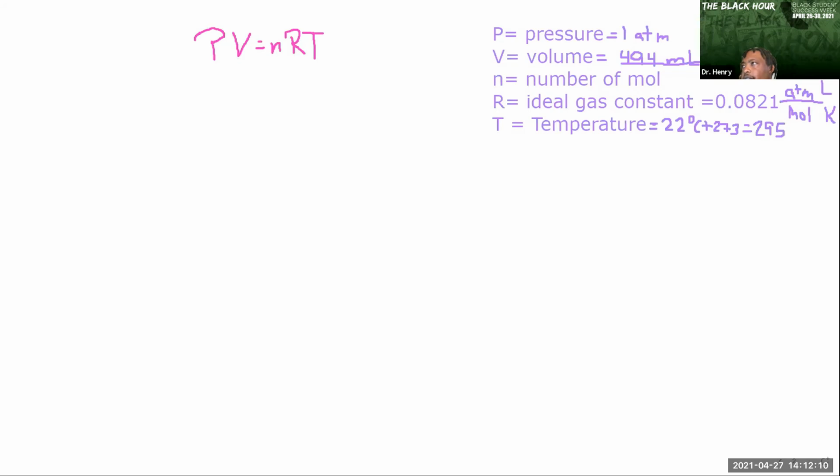Then I need to solve this equation for the number of moles, because this will give me the number of moles of carbon dioxide, which is the only gas in that chemical equation, so all your gas is coming from there. If we solve for N, then N equals PV over RT.